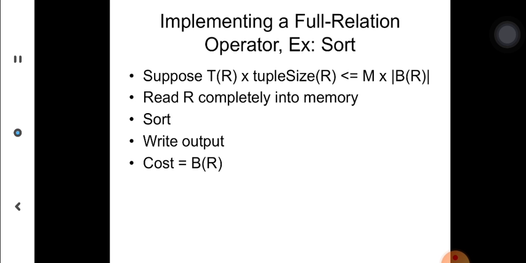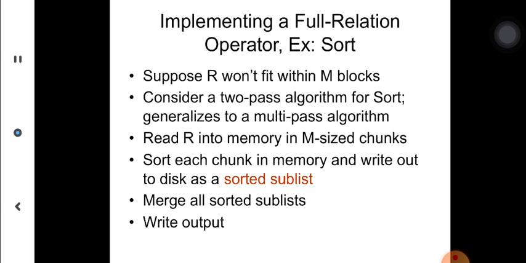So, implementing the full relation operator, for example sort. Suppose T(R) multiplied by tuple size of R is less than or equal to memory size multiplied by the block of R. So read R completely into memory, the relation, and then sort, and then write output, and the cost is B(R). Now suppose R does not fit within the M memory blocks.